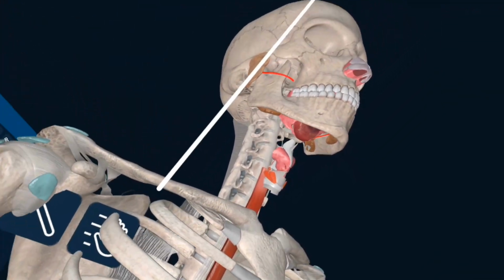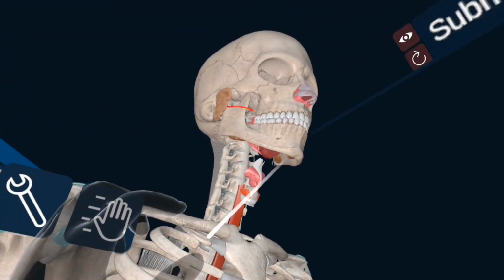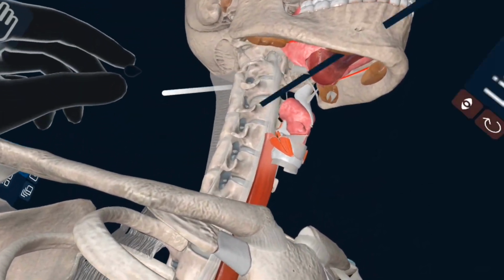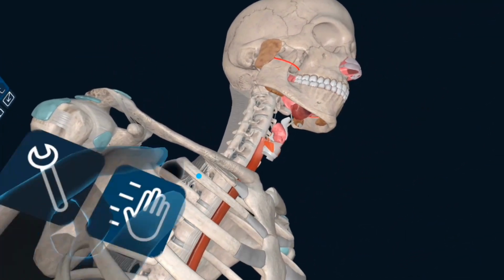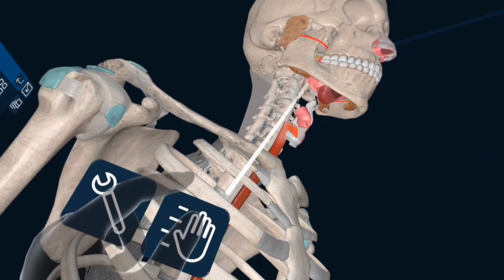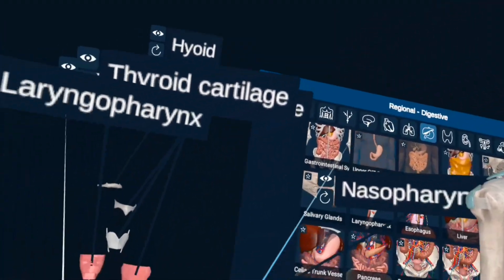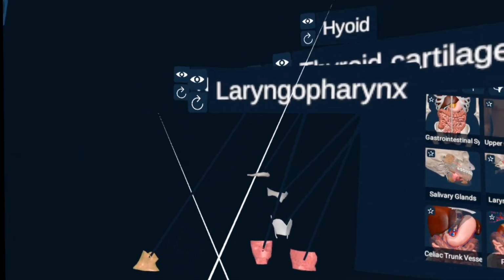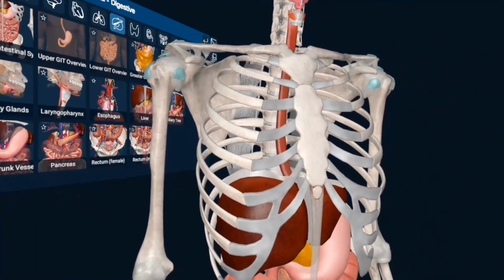And if we go even further, a structure that can be a little bit difficult to capture is right here. So this is the nasopharynx, right? So this is actually a part of the pharynx.